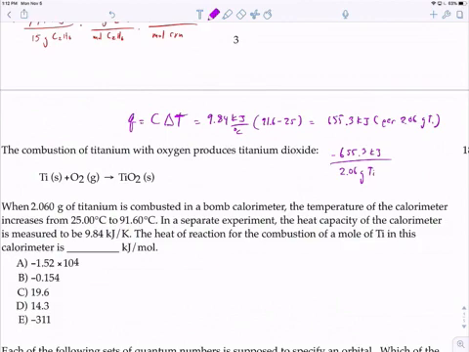2.06 grams titanium times how many? Titanium is 47.87 grams titanium per mole titanium.